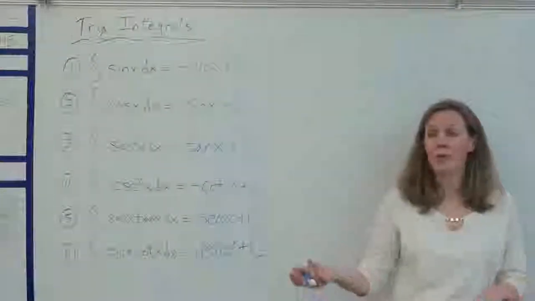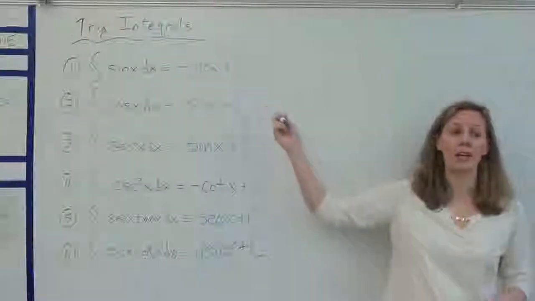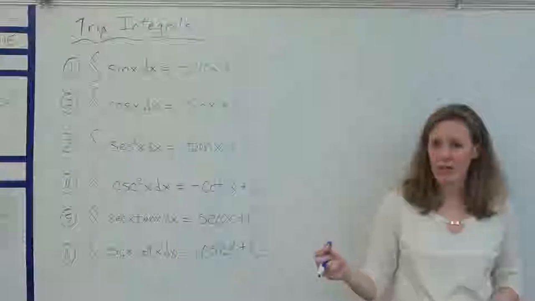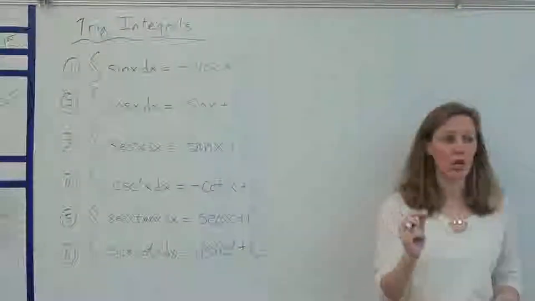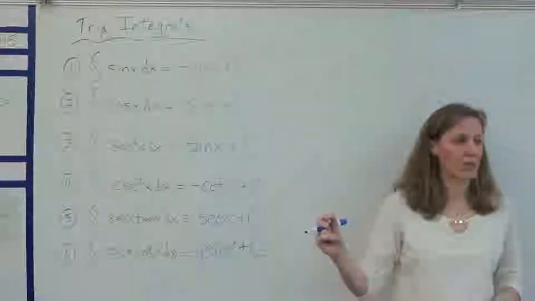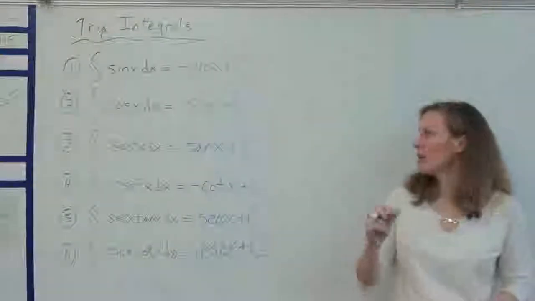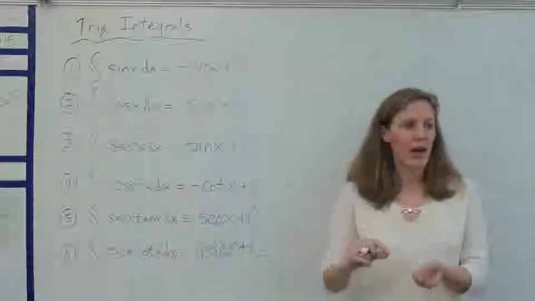So please be very careful to keep them straight: the derivative of sine is cosine, but the antiderivative of sine is negative cosine.